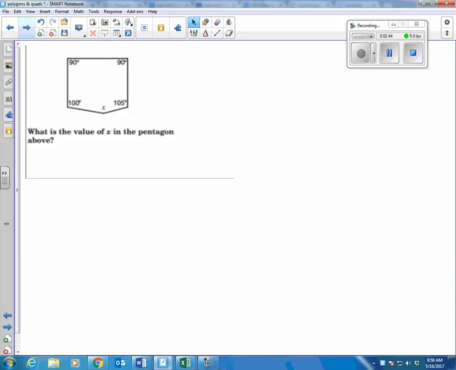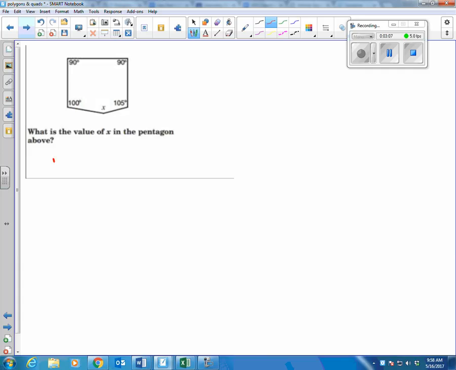So this first one says, what is the value of x in the pentagon above? These are all interior angles, and we're trying to find one interior angle given the rest of the interior angles. First of all, we need to figure out what the sum of this shape is. It's a pentagon.